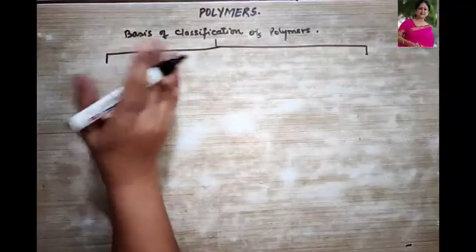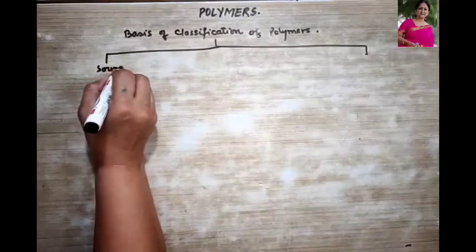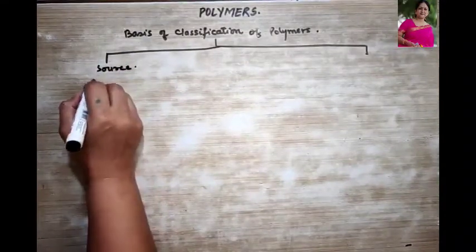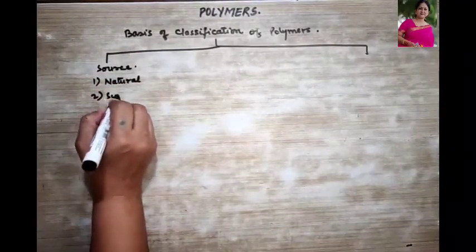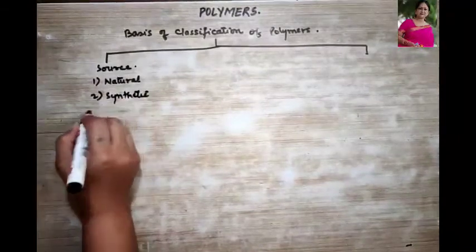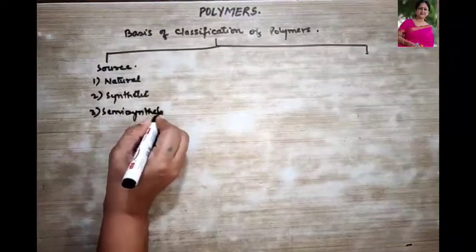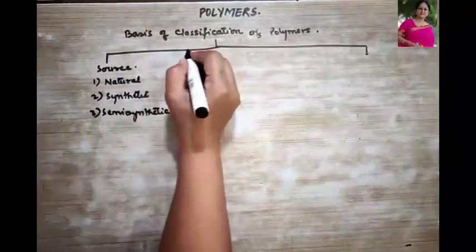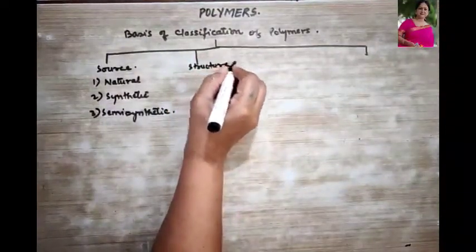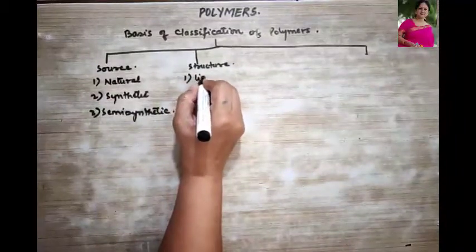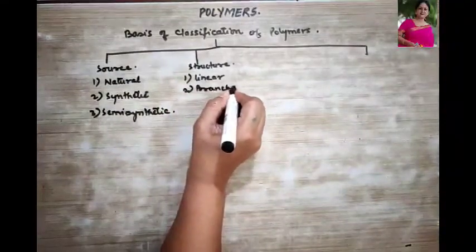On the basis of occurrence, according to the sources, polymers have been classified as natural, synthetic or even semi-synthetic. About all this we are going to study in the next video. Then based on the structure, they are classified as linear or branched chain.